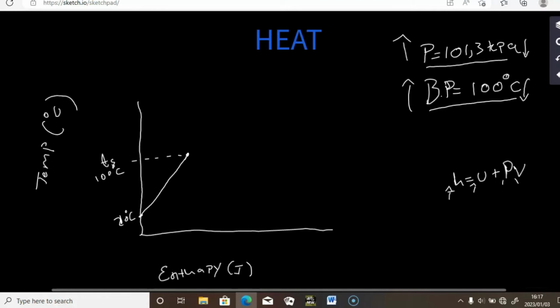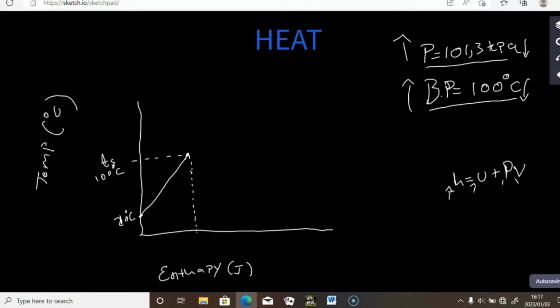At this point, the water will stop rising in temperature. Why? Because water cannot have a temperature which is higher than its boiling point. Once we add heat energy to water and we get it to its saturation temperature, the temperature stops rising.